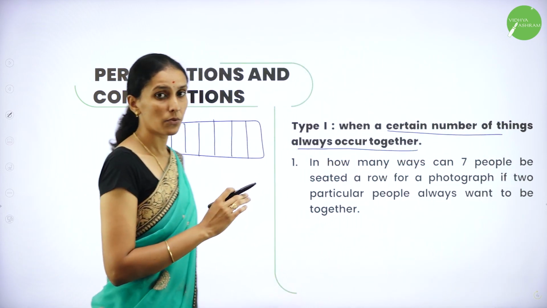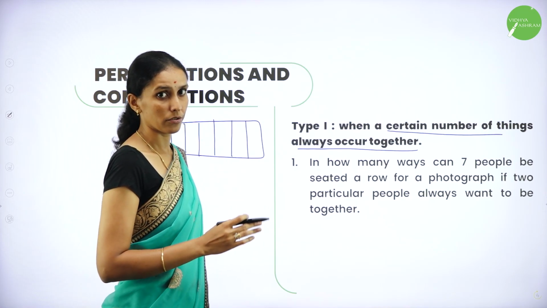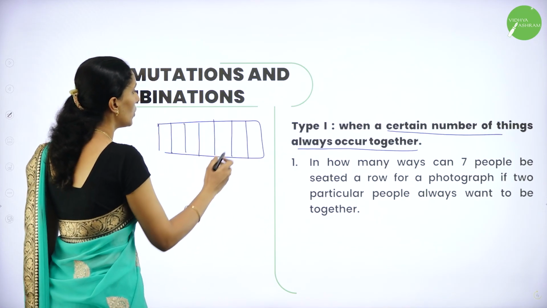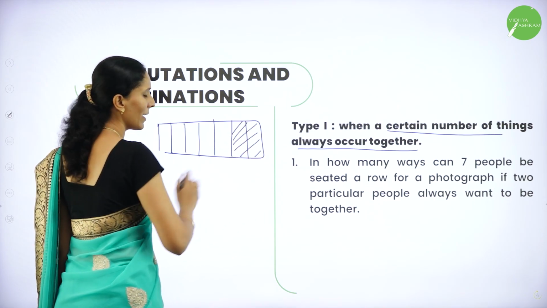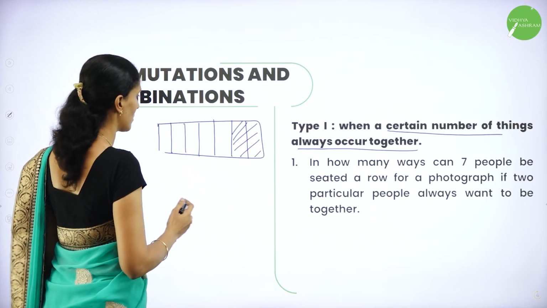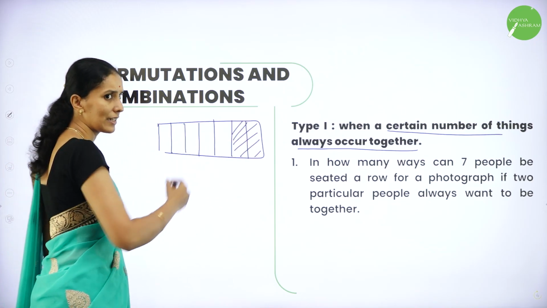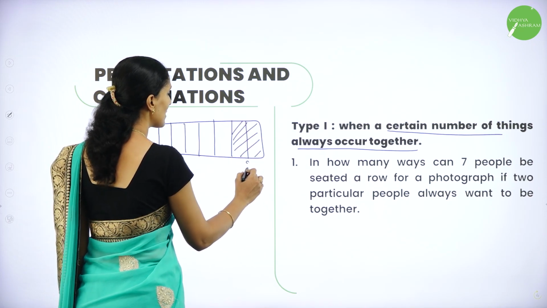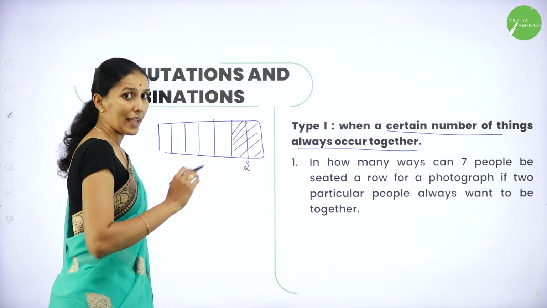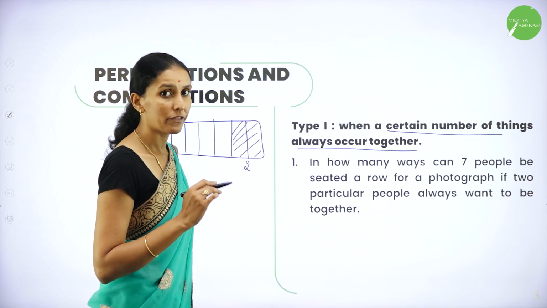That is permutation without repetition. But here 2 people always sit together. They may sit together in any of the places, they may sit here, they may sit there. So I will say these 2 people's place is fixed. They can be seated in 2 different ways.